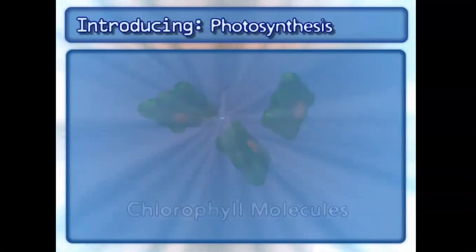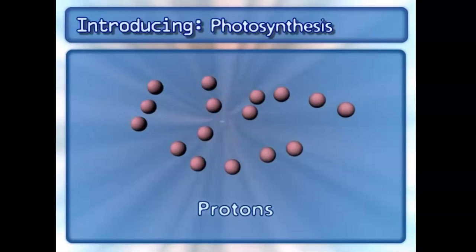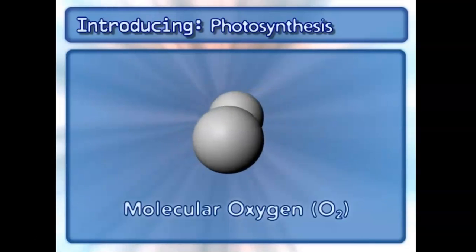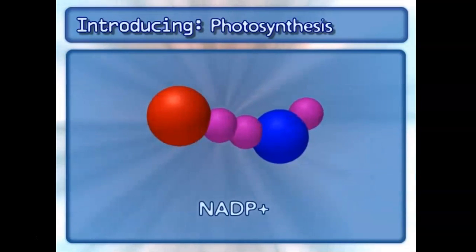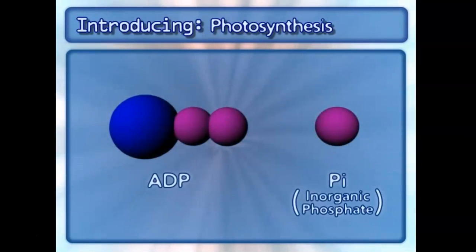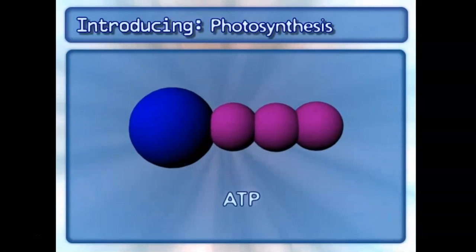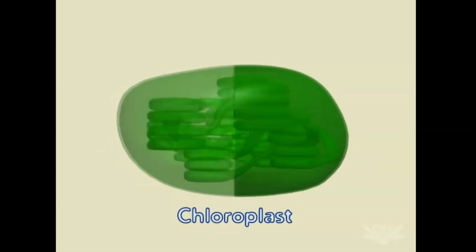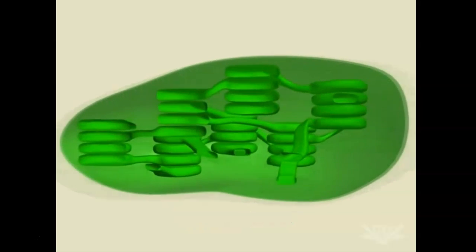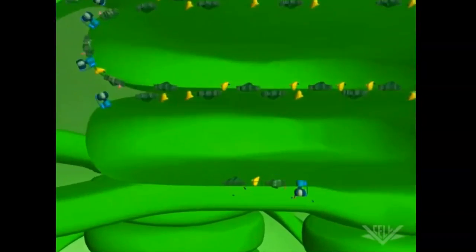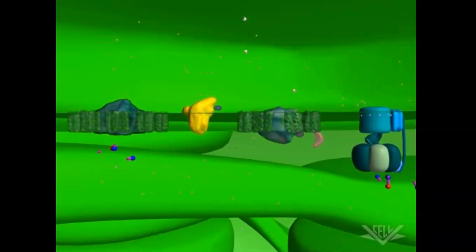Other key components include photons, chlorophyll molecules, protons, water, molecular oxygen, NADP, and the electrons to form NADPH, and ADP and Pi, which combine to form ATP. Photosynthesis occurs in the chloroplasts of plants and algae. The process is also found in single-cell organisms, such as cyanobacteria, that do not have chloroplasts.